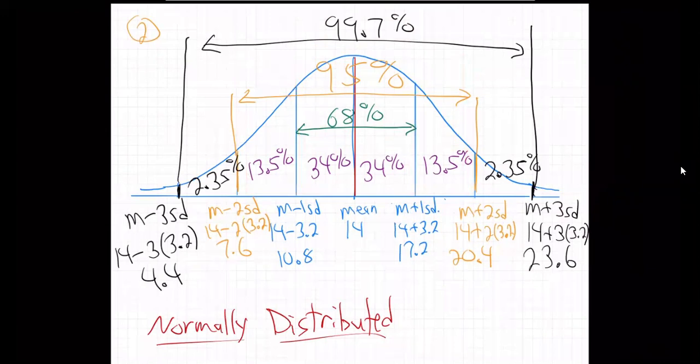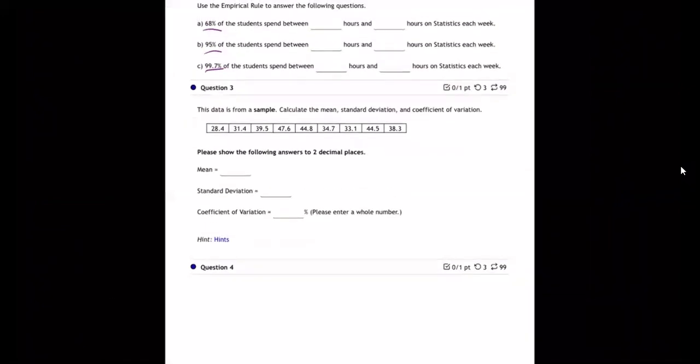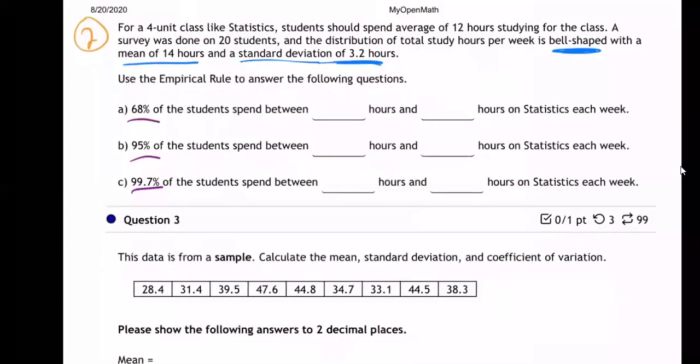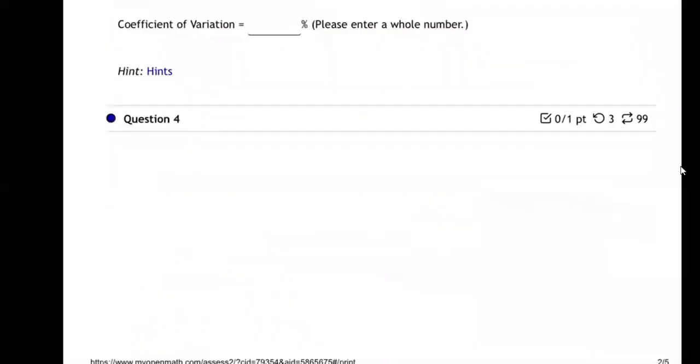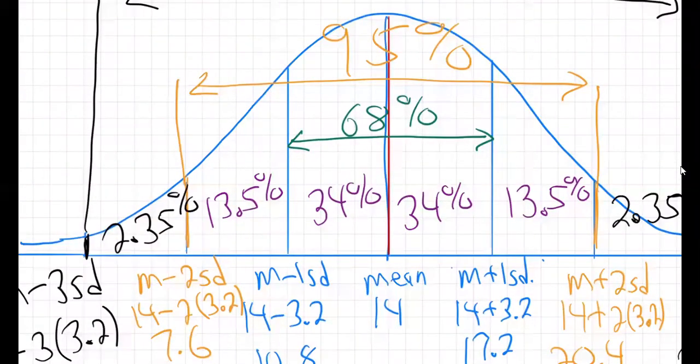All right. Having made that bell curve, let's go back up now and answer the questions. It's saying 68% of the students spend between blank and blank hours. 68% of the students, where do they go?